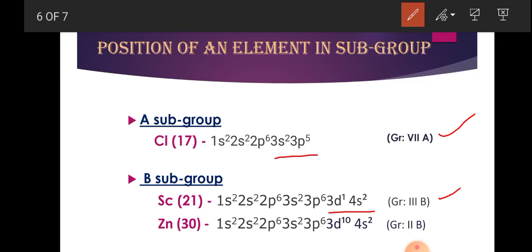Now, another example, zinc. The last electron of zinc also enters into d orbital, and the total number of electrons of d and s orbital is 12, which is greater than 10. That's why in this case we only consider the electrons of s orbital, and here s orbital contains 2 electrons. So the group number of zinc is 2B.